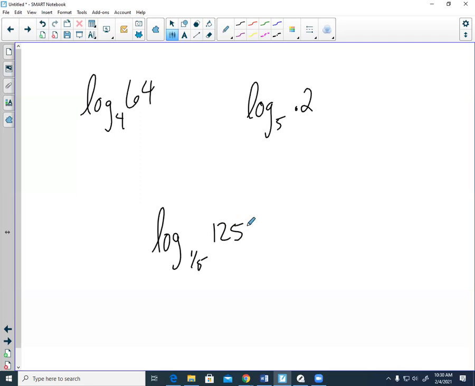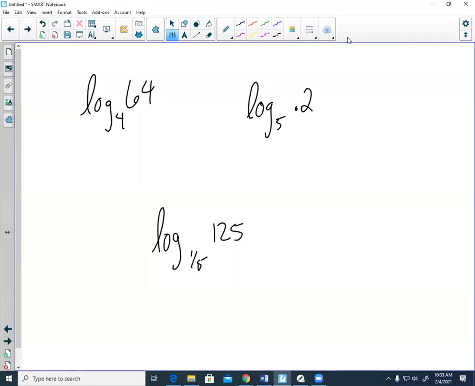I want you to try these 3 and see how you can get them without a calculator. Again, if you know how to use your calculator, that's fine. If you don't, it's actually better, because you have to try to solve this by hand, which means you have to understand the relationship between logs and exponents. So give it a shot, and we'll talk.